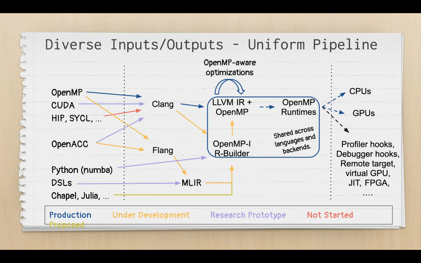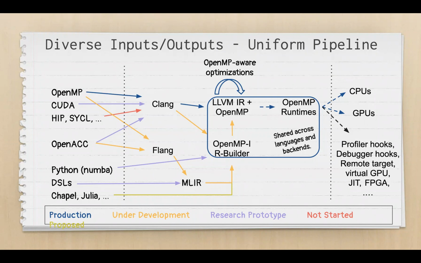What you see here is work in progress plus research prototypes plus a few things that haven't been started yet, giving you an idea that all these languages on the left, CUDA, OpenACC, certain DSLs, Chapel and Julia, can all go through Clang, Flang, or MLIR to target the same LLVM IR plus OpenMP runtime calls. So the box in the middle is shared across all these languages and all these backends.